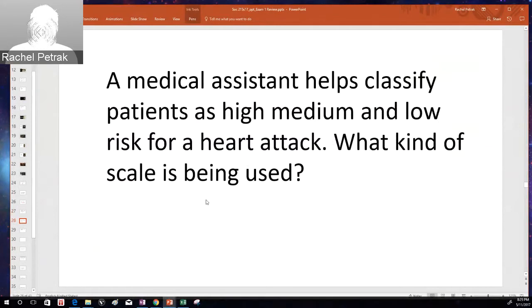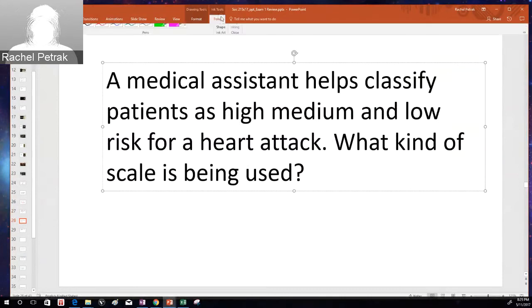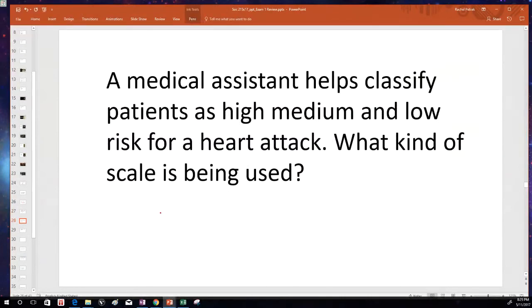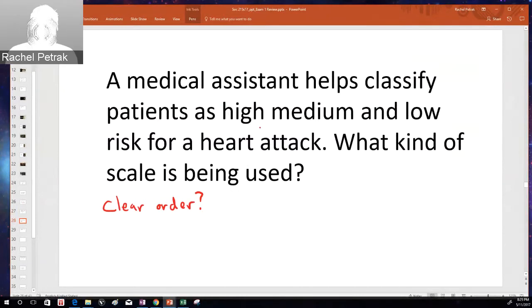High, medium, and low. Is there a clear order here? Yes, of course there is a clear order. The order would go high, medium, or low.